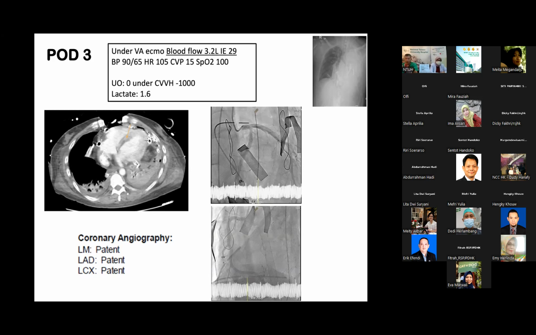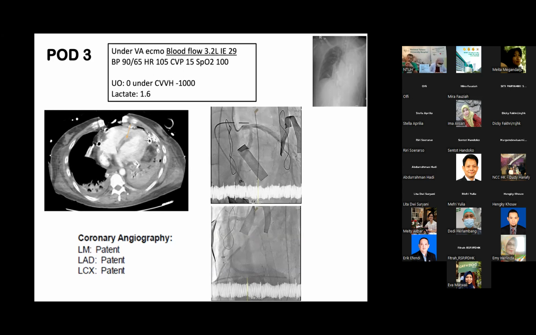Why do I say this is a very special issue? When you see something wrong with primary graft failure, first of all you must think, is there any anastomotic kinking, especially of the pulmonary artery? Because the pulmonary artery is very soft.